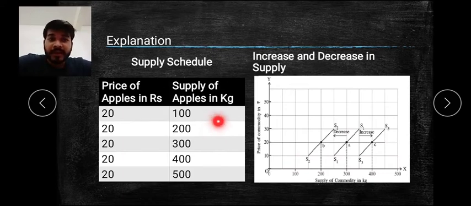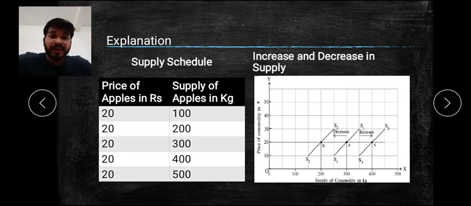In the same way, suppose supply is decreasing to 200. This happens when all these factors are against supply: government policies are not supporting the product, transportation cost increases, there are heavy taxes, or any other such things. Then the cost of production has increased, suppliers are decreased, and the demand for the product has decreased.